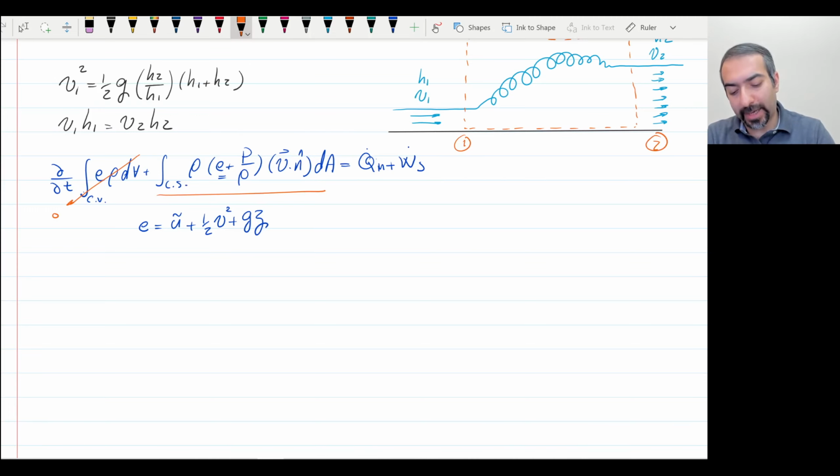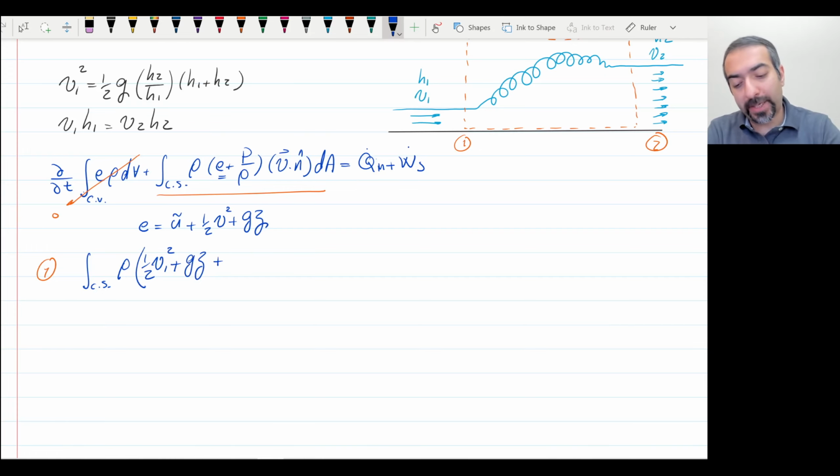Okay, so let's first calculate the contribution of this integral over surface 1. That's going to be the integral over the control surface of rho times (1/2 V1 squared plus gZ, plus P over rho). I argued that U tilde doesn't have any effect, so I'm not considering it. Now what is P?